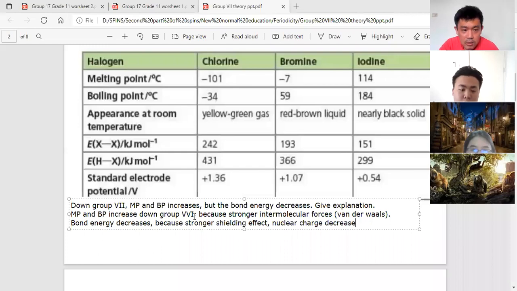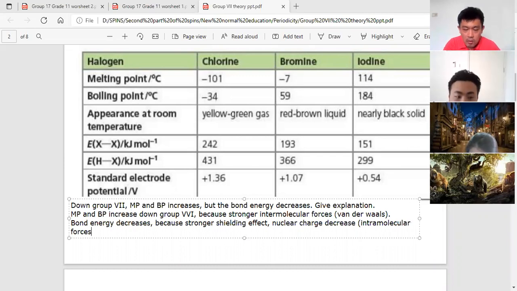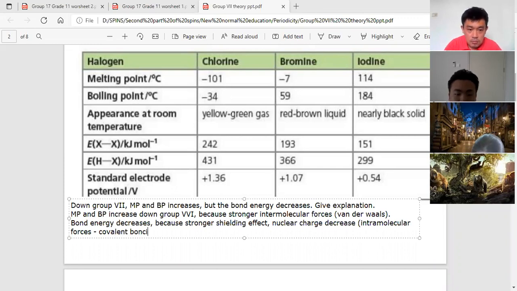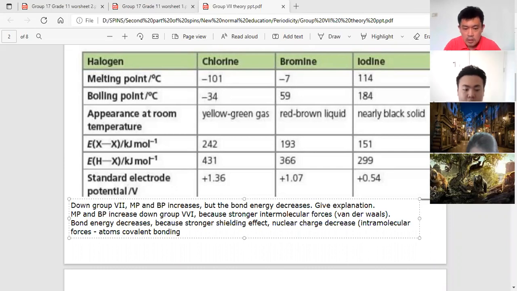Bond energy decreases. It is mainly because of intramolecular forces, or it is the covalent bonding. So atoms make covalent bonding. So it is different.